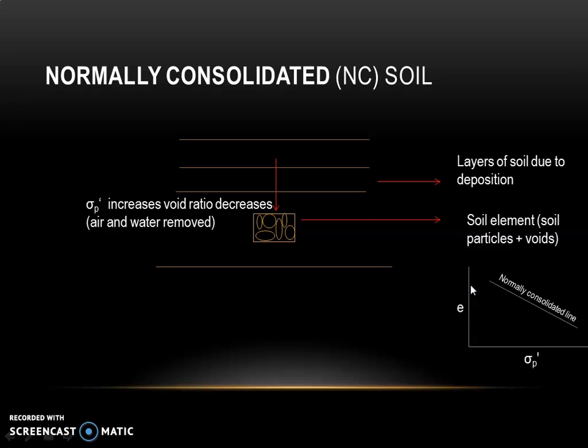And when we plot a graph of voids ratio versus effective stress, we get a straight line. And this line is referred to as normally consolidated line, which shows that voids ratio decreases with the increase in effective stress.